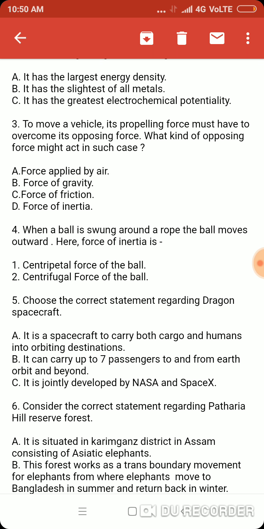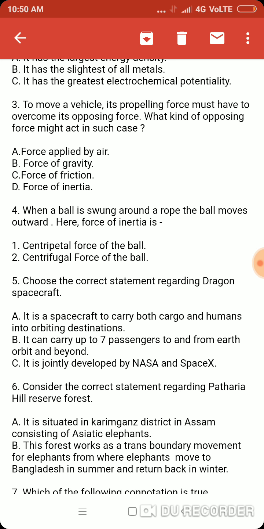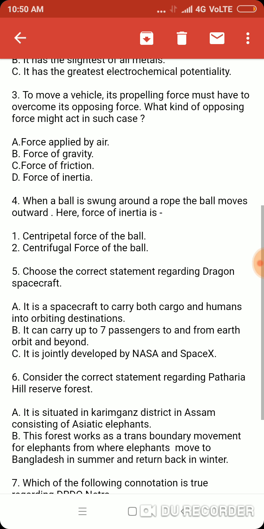Force of inertia: we all know what force of inertia is. An object which is in a state of motion tends to remain in that state of motion until an external force is applied. So all these four options are true, which actually work as opposing forces while we try to move a vehicle.